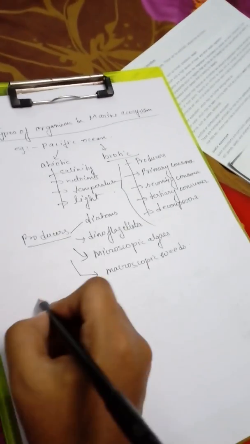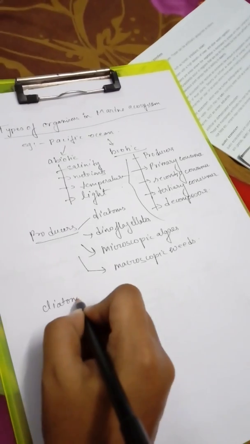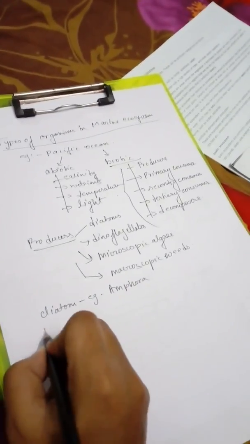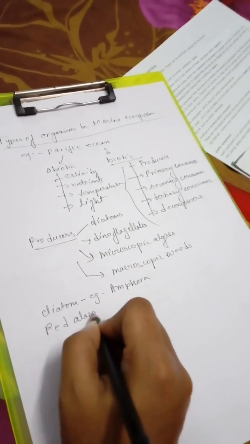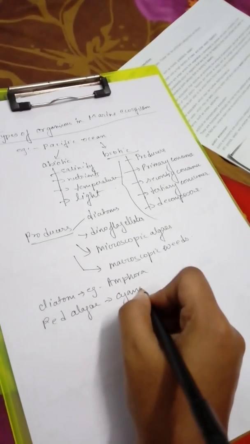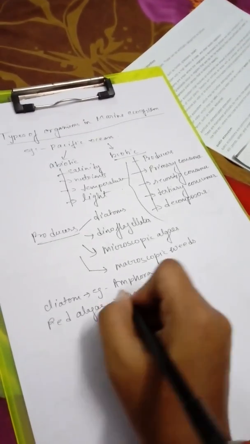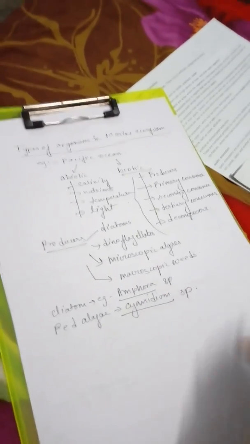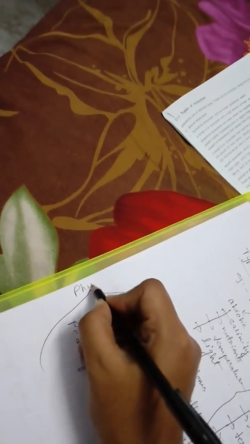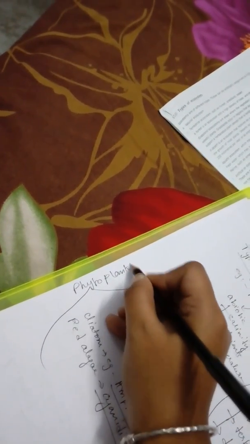An example of a diatom is Amphora. If they ask for a red algae example, there is Cyanidium. These producers all together in the marine ecosystem are known as phytoplanktons.